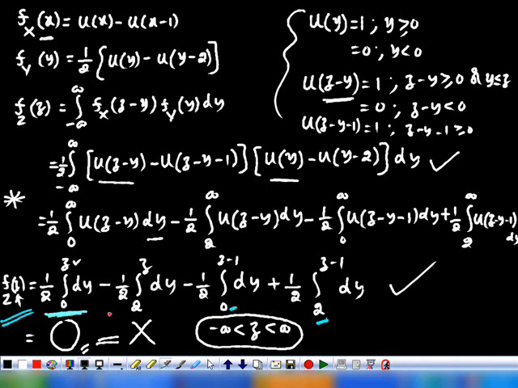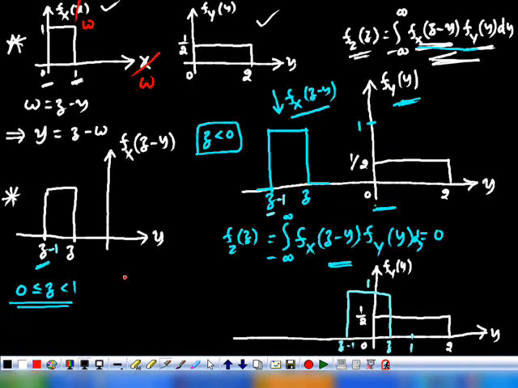Anything else? Because here it is starting from 2, but z is in between 0 and 1, so we can eliminate this integral. What about this? Here also we can discard this, and this can also be discarded. So therefore only one integral, that is, fz of z is equivalent to integral 0 to z, where z is in between 0 and 1.